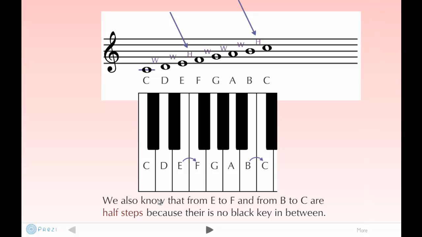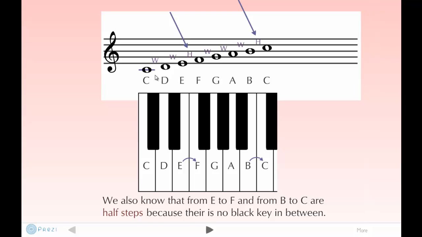We also know that from E to F and B to C are only half steps because there's no black key in between. They go directly to the next one. So these are only half steps. So you can look back up here.